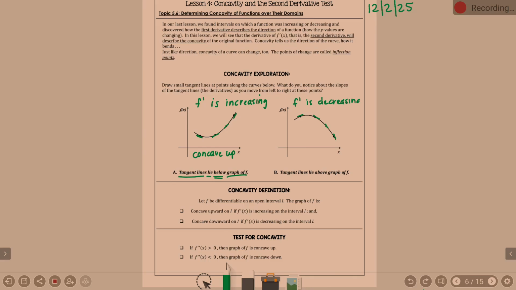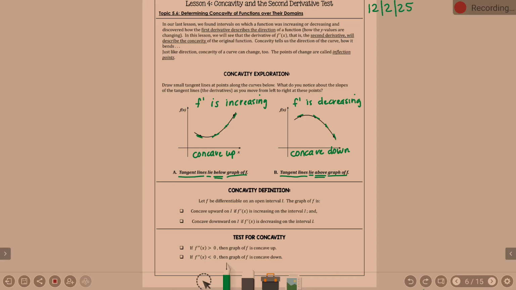And if your derivative is decreasing, that is an indication of concave down. Again, yesterday I described it as being bold down. And in this scenario, you'll notice that the tangent lines all lie above the graph of f.